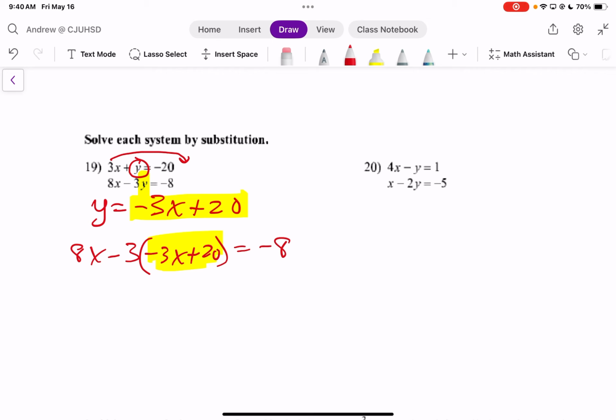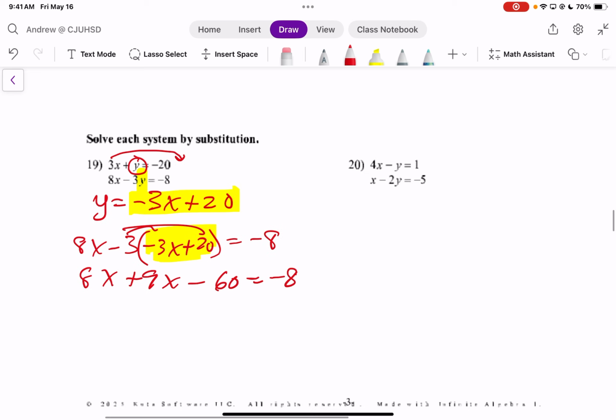We're going to have to distribute, combine like terms, put things together. So 8x plus 9x minus 60 is -8. Put your 8 and 9 together, so that's 17x. Let's go ahead and add 60.